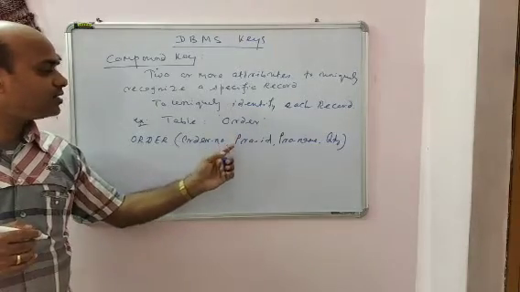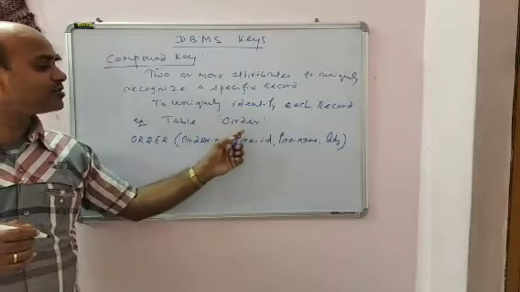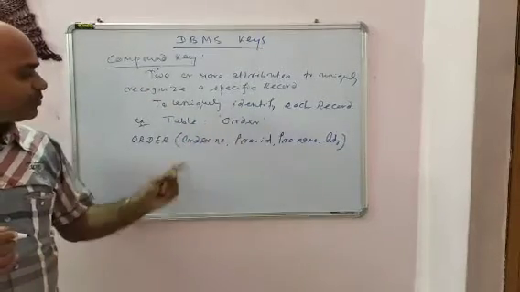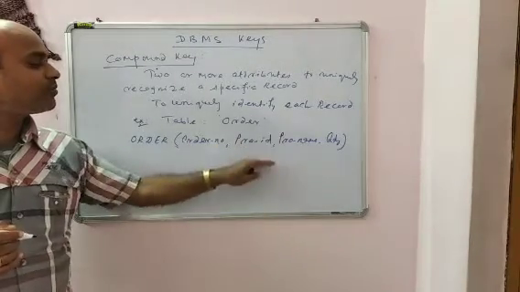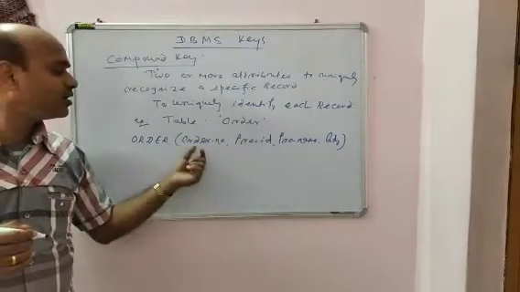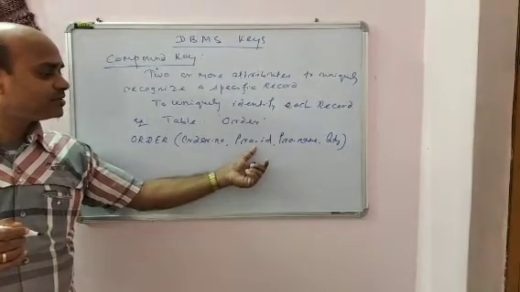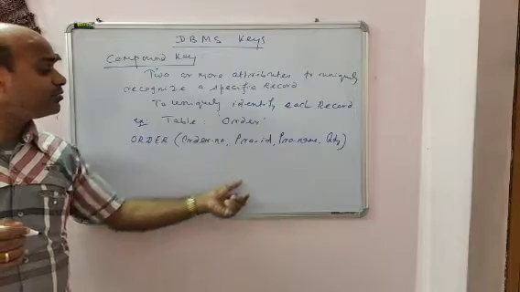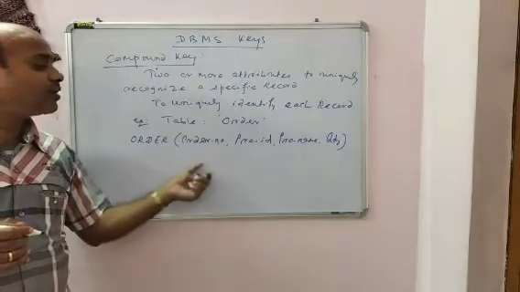So order number cannot be considered the primary key, because in a single order we can have multiple products, and a single product can have multiple order numbers.